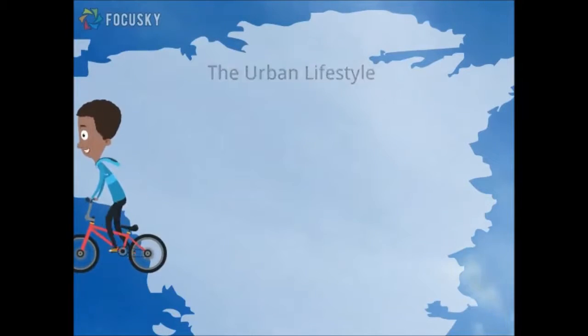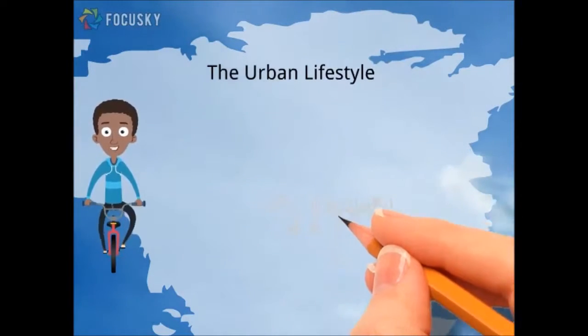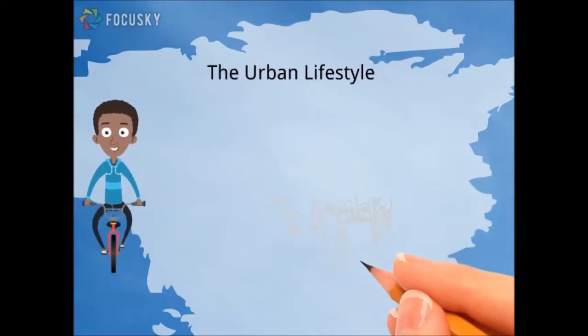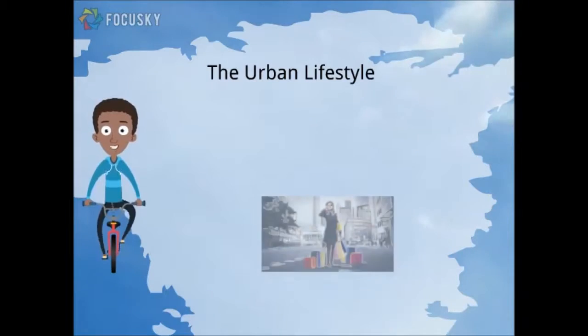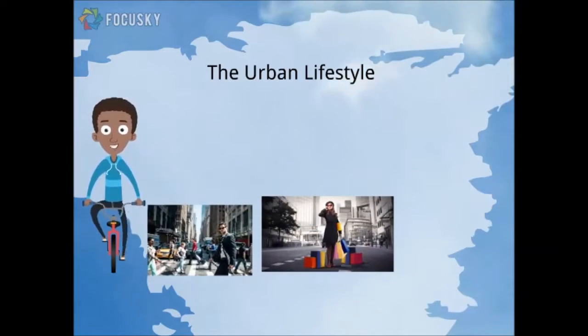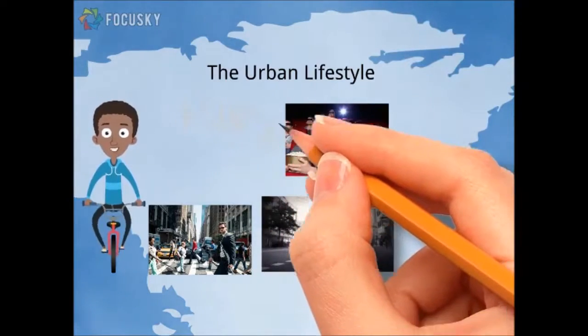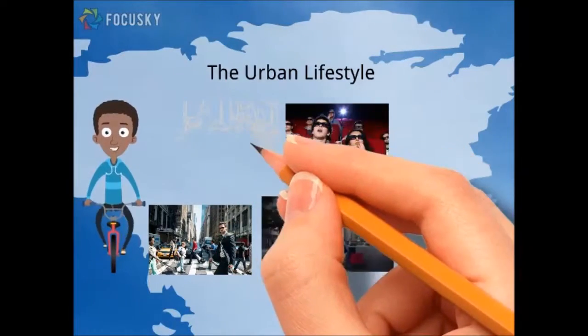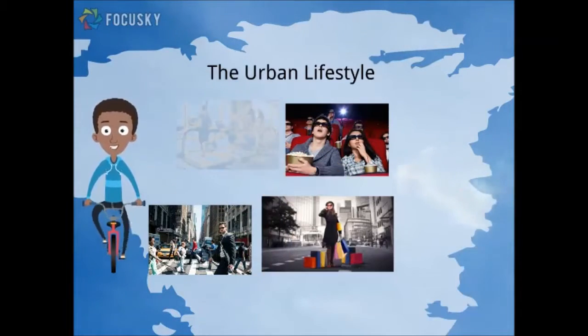The other indicator that we can analyze is the urban lifestyle of the urban area and its population. Urban lifestyle is a lifestyle where everything needs money. They need to pay in order to do their leisure activities, such as going to the theme park, cinema, and gym.